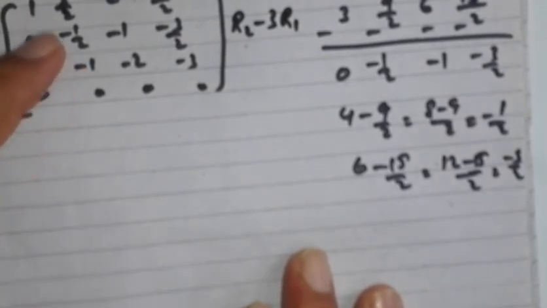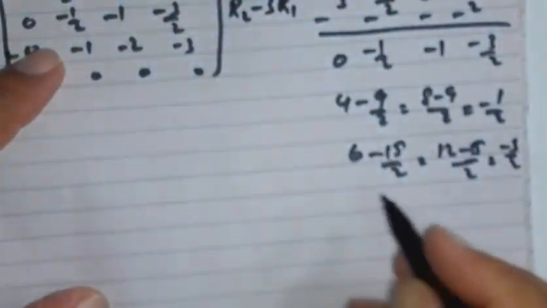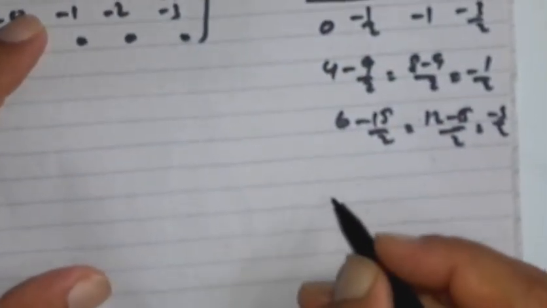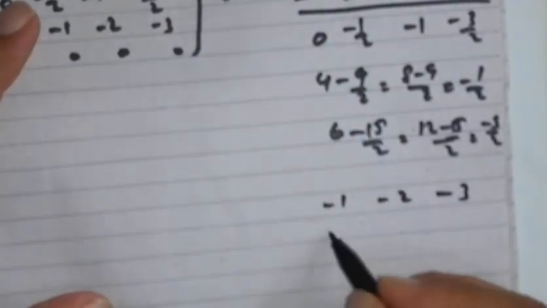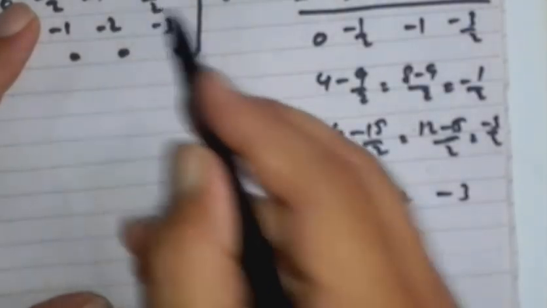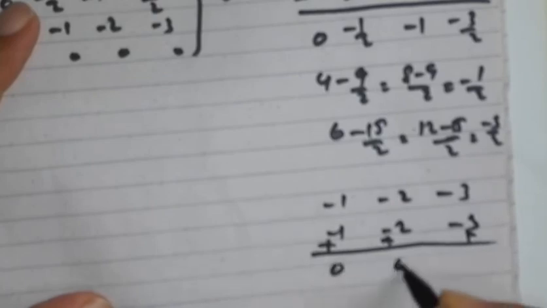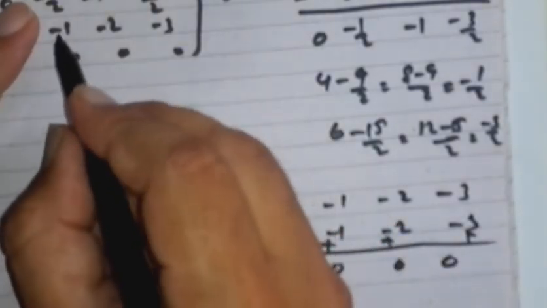Now multiply this row second with minus 2 and then add it with this, or multiply this with 2 and subtract this from. So now look here, we can write it as minus 1 minus 2 minus 3. Now multiply this with 2, 2 cancel with 2, here we get minus 1, and here we get minus 2, and here 2 cancel with 2, we get minus 3, and subtract it, plus plus plus, we get 0 0 0 here.